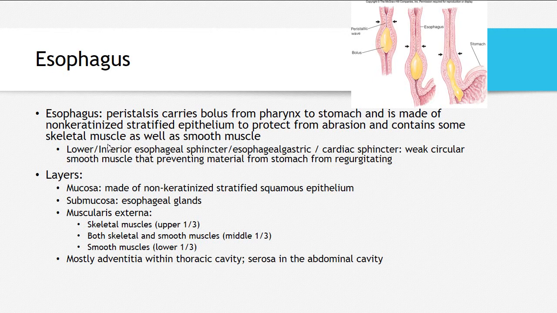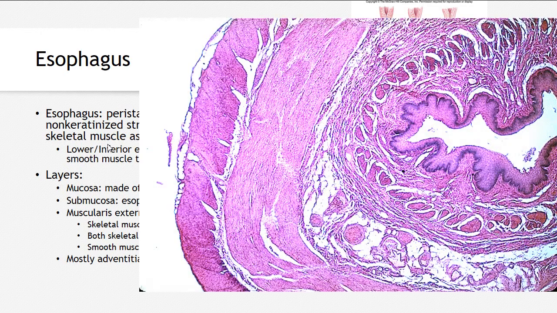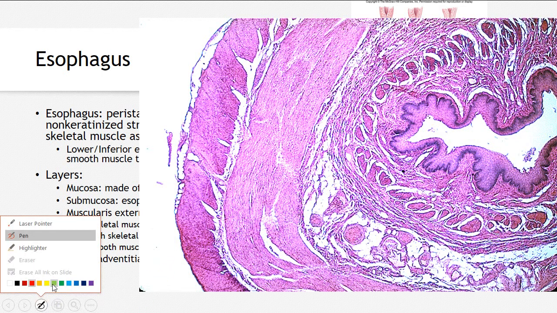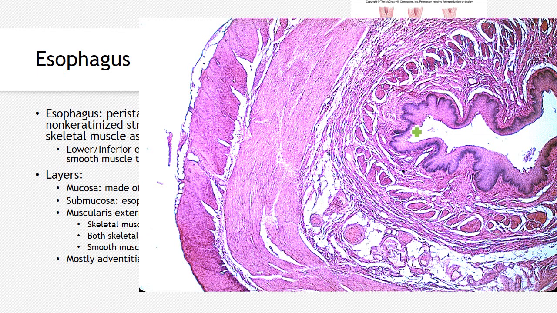And you can see the different layers on this here. If you take a look at it, let me see if I can use a different color here. Okay, so from here to here, this is the mucosa layer. What is this space here? Lumen.